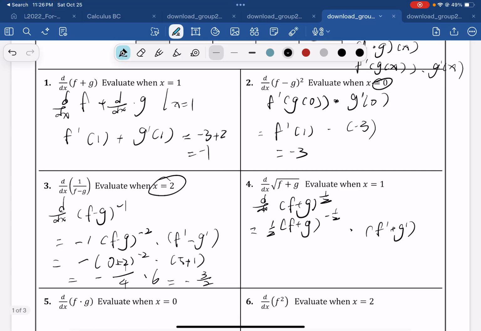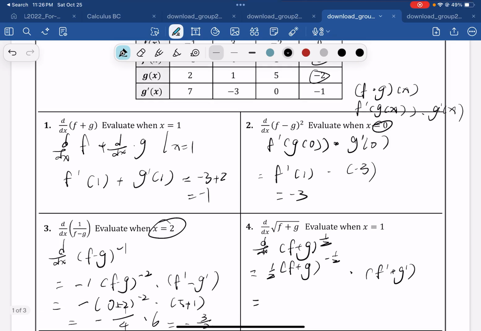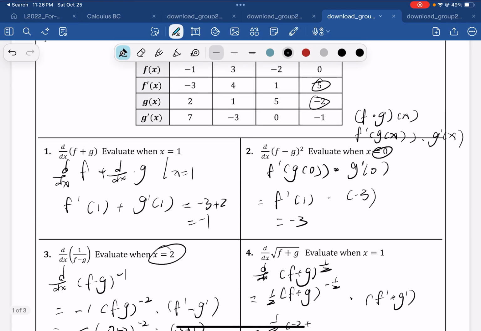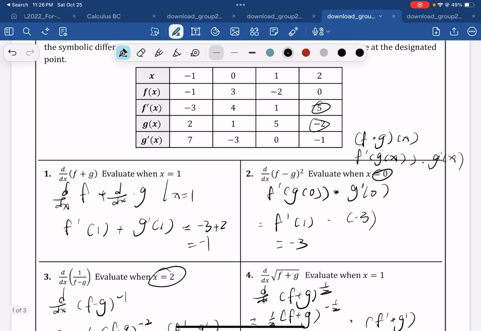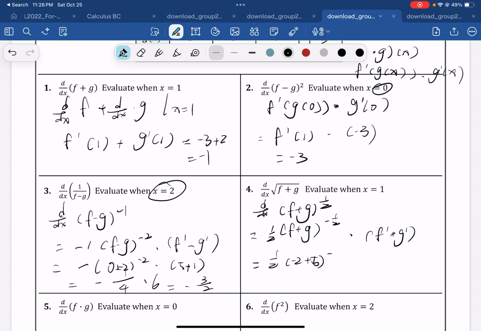So what we can do is f of 1 plus g of 1. f of 1 is negative 2. Negative 2 plus g of 1. G of 1 is what? G of 1 is 5. Oh, sorry, my bad.